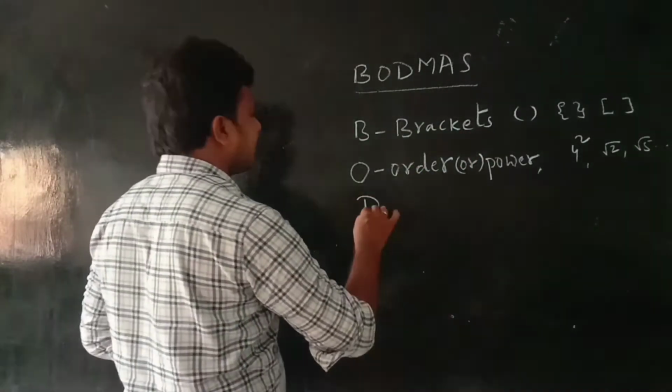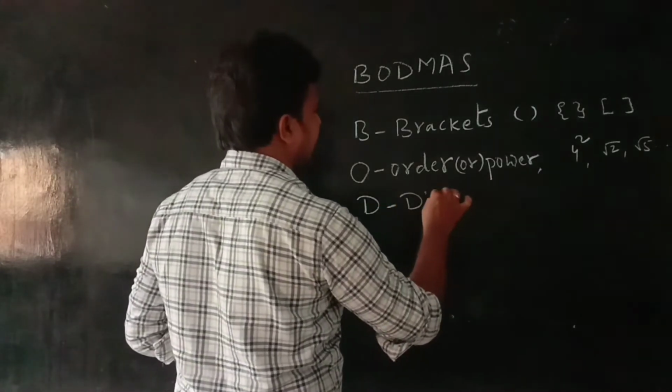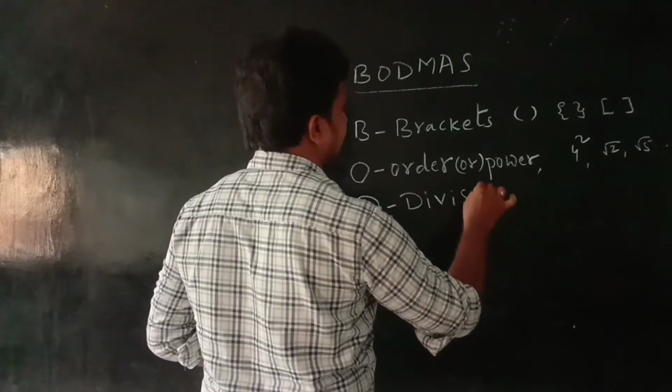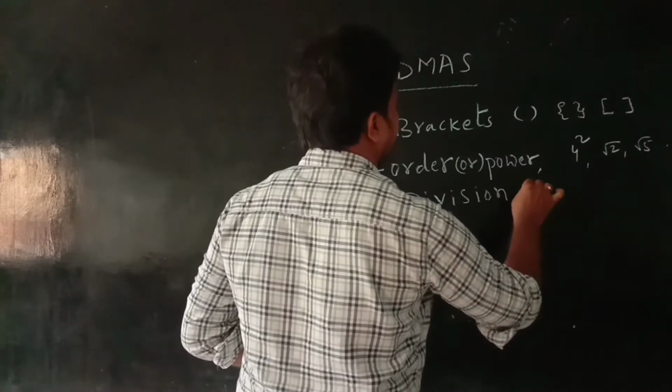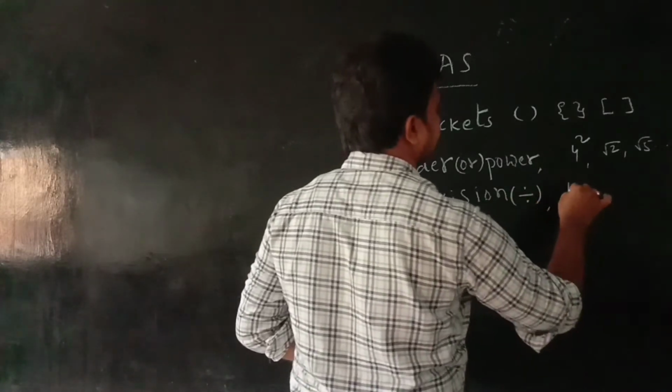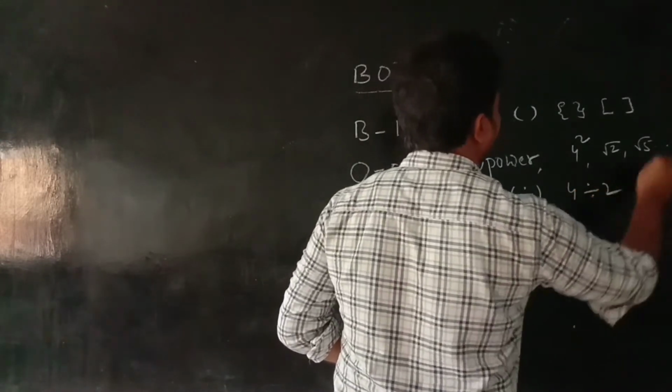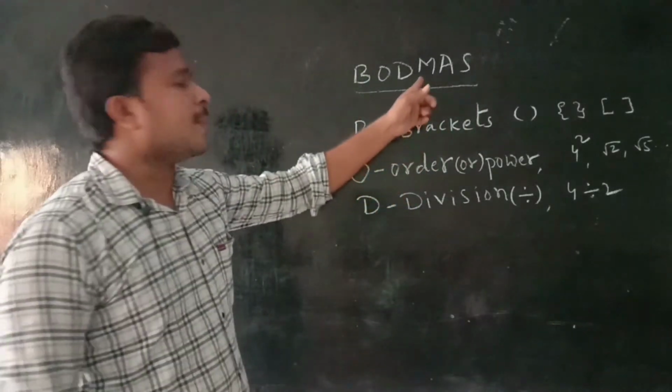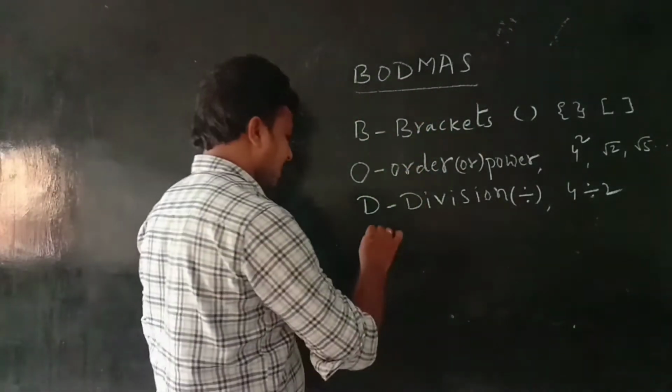D stands for division, the symbol divided by, for example 4 divided by 2. And M stands for multiplication.